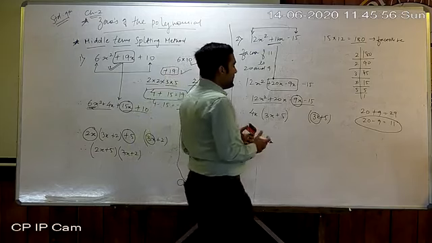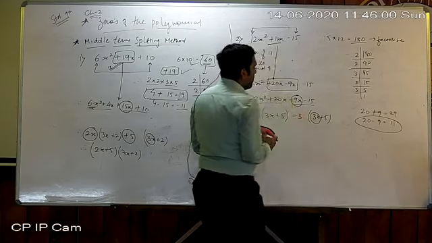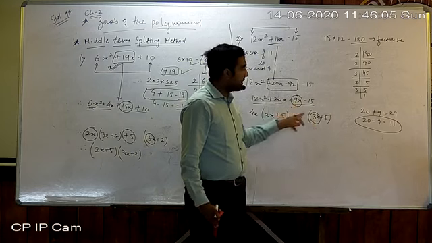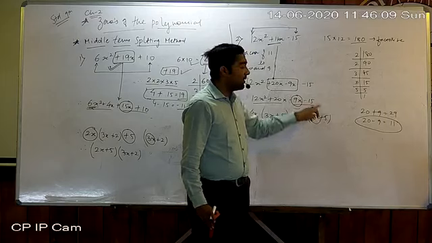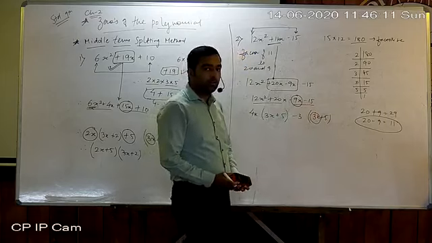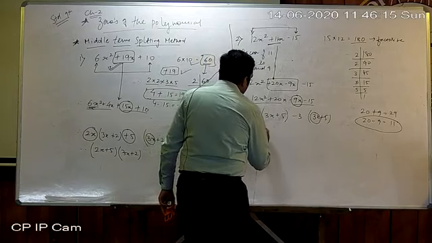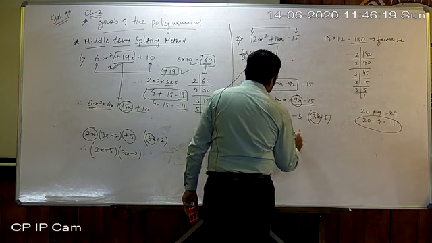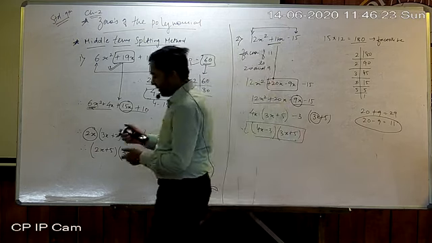I'll multiply minus 3 with the 3x. So minus 3 times 3x is minus 9x, and minus 3 times 5 is minus 15. Clear, students? So my answer is 4x minus 3 and 3x plus 5. Okay? Clear, students?